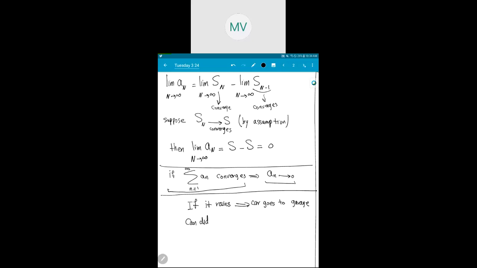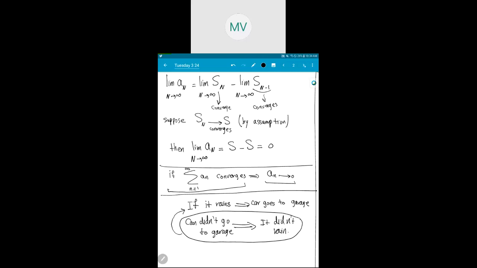Car didn't go to garage. Conclusion, it didn't rain. So these are both logical statements. The second one is called the contrapositive of the first one.